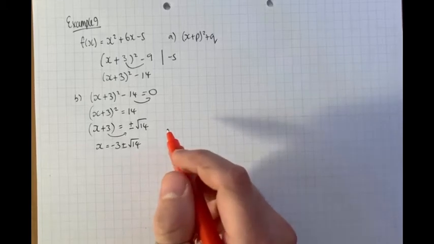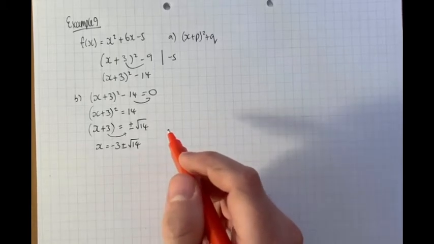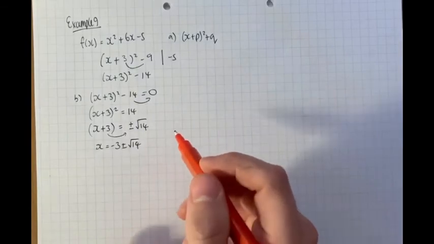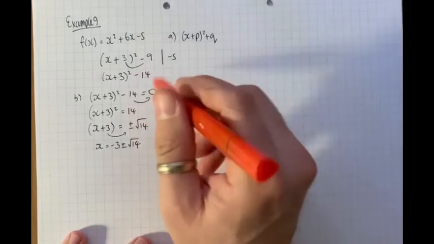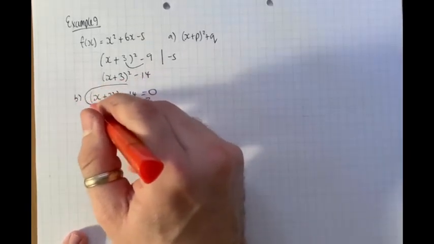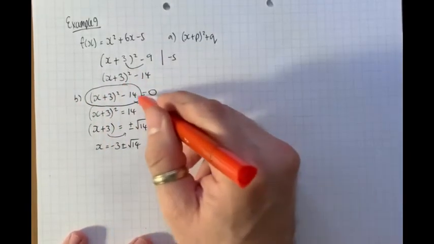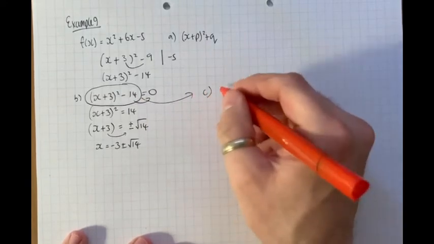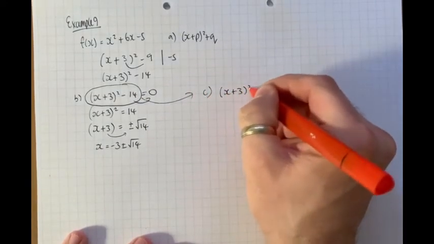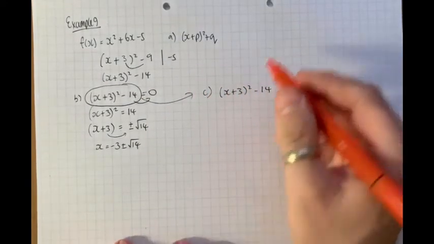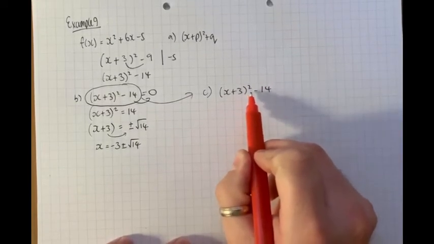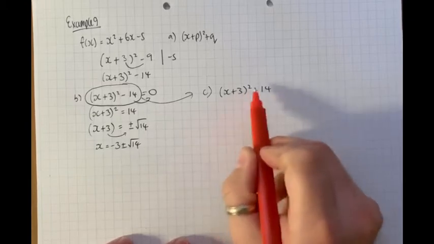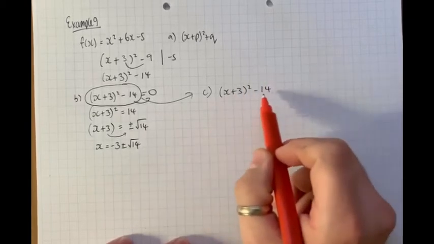It then asks us for the minimum value of f of x and to state the value of x for which that occurs. Well, you can do it graphically, or you can think about it logically from the completed square form. So if we look at that part. Whenever you square anything, the answer has to be greater than or equal to 0, because when you square something, any negative turns to a positive.